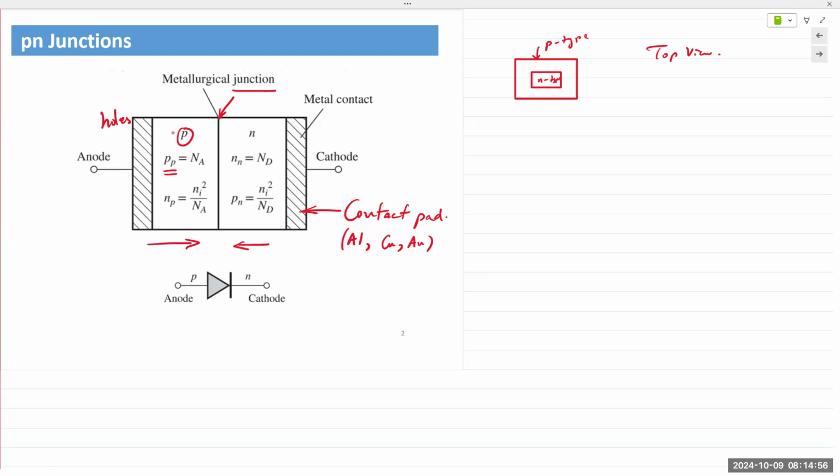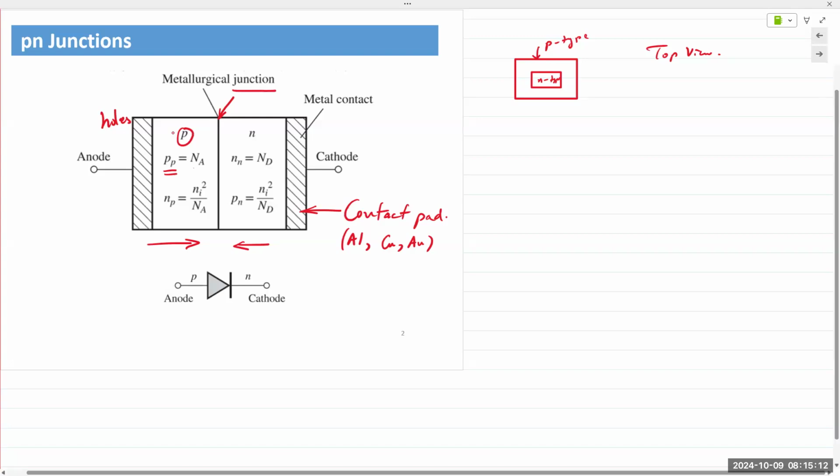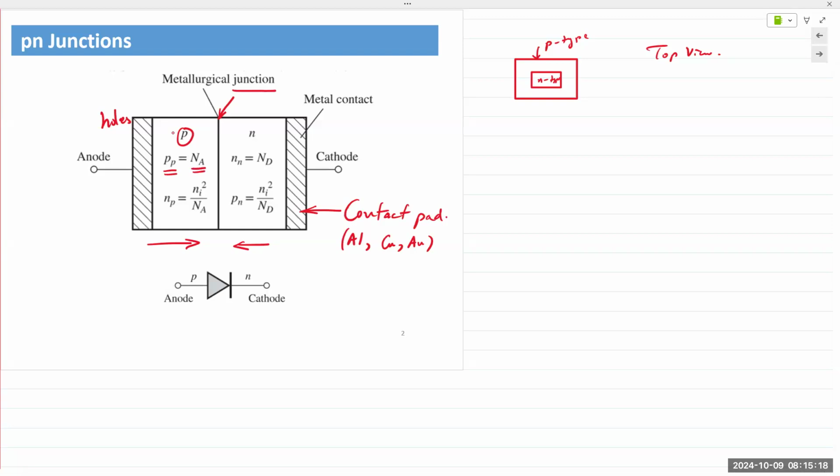And so if it's a p-type material, it's acceptor atoms, right? They accept the electrons from the intrinsic silicon, and that gives rise to an extra hole particle. And so the majority carriers are the positively charged holes, meaning there are a lot of acceptor atoms present in a p-type material.